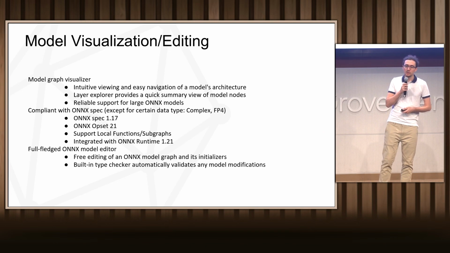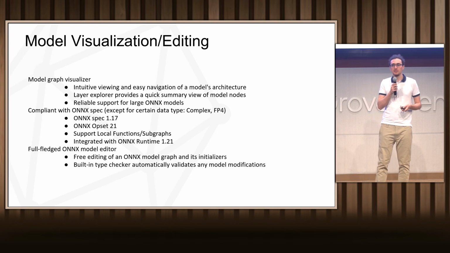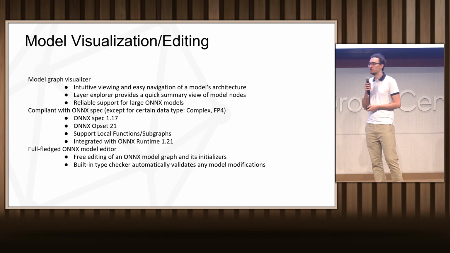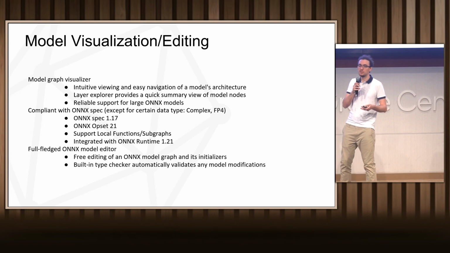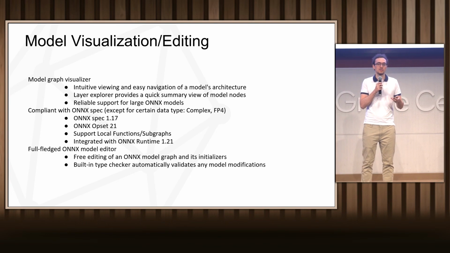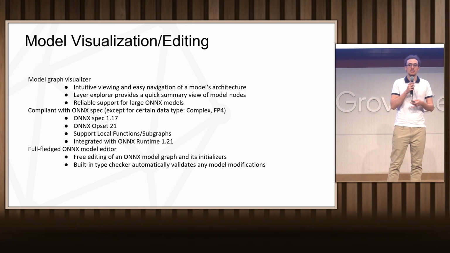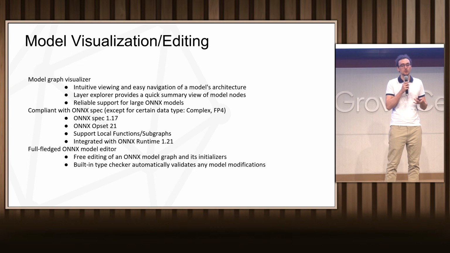So some more information and details on the model visualization and editing feature of DL Designer. Firstly, we've seen in the past few years that ONNX models and deep learning models in general are getting larger and larger. We've seen models with thousands and thousands of nodes. So it was very important for us that inside of DL Designer, you can easily navigate through these large graphs.